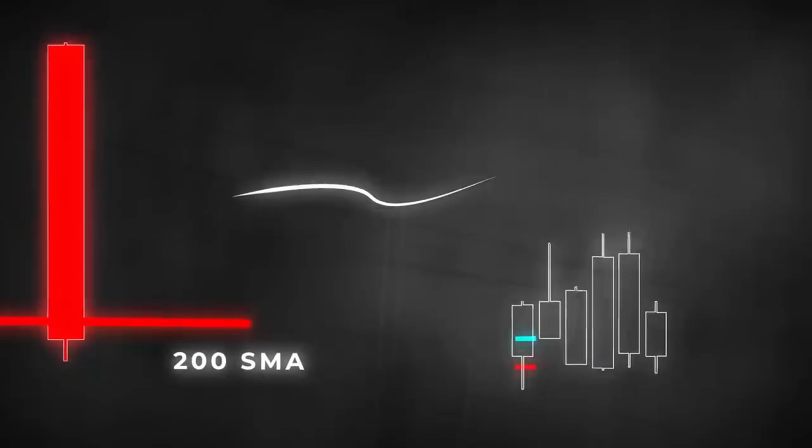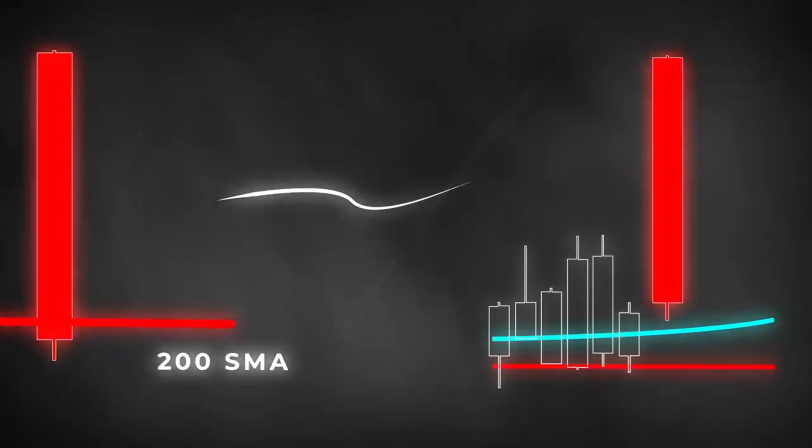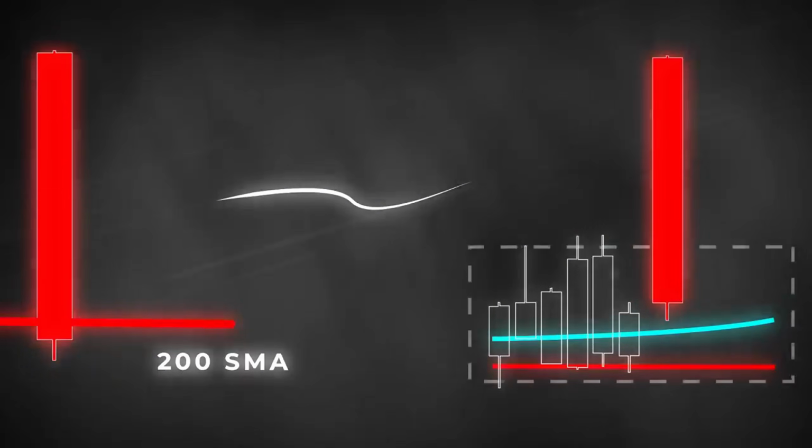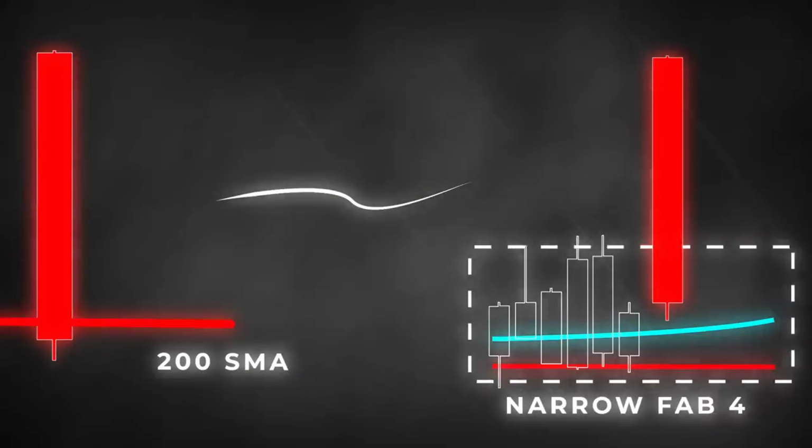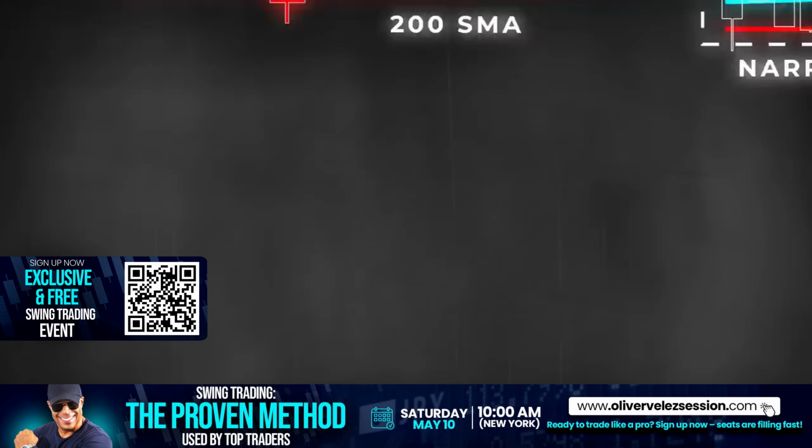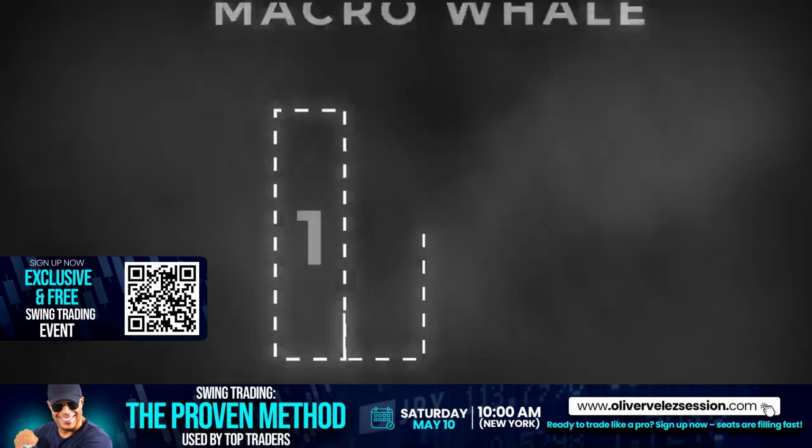That support that it crashes into, it's coming from above support. So for instance, in this scenario I'm drawing now, it's crashing into the 200. It could do something like crash into a narrow state Fab 4. Boom, like that. There's your narrow state Fab 4. What we're looking for in this scenario is what I call the micro whale.